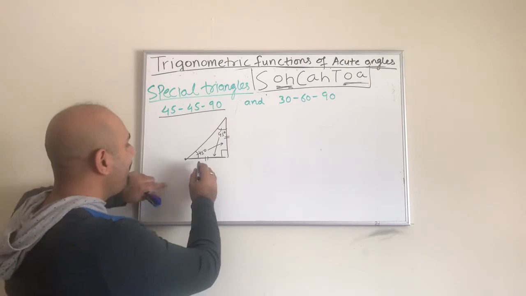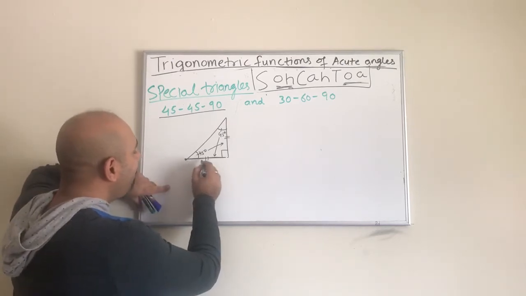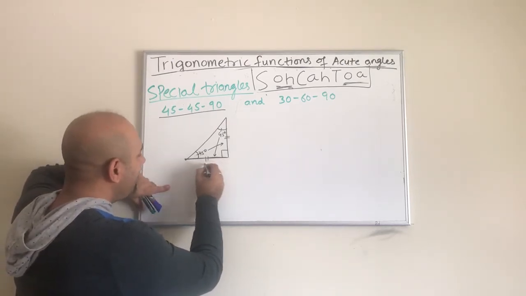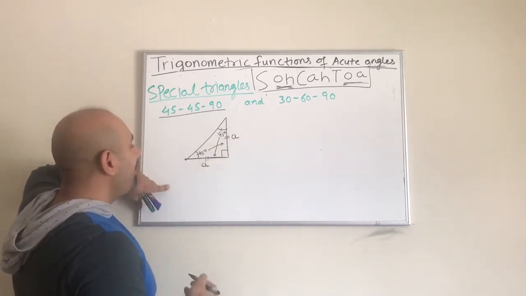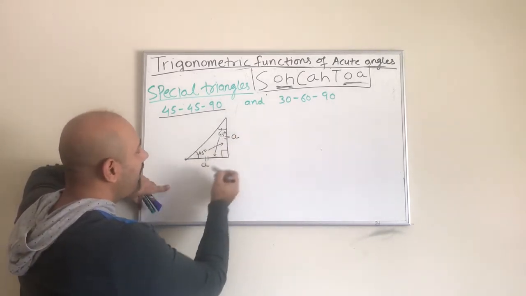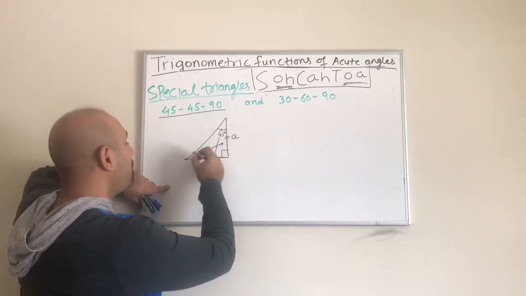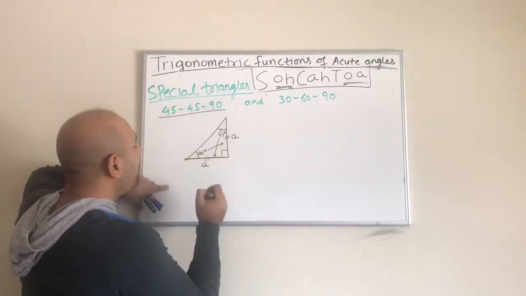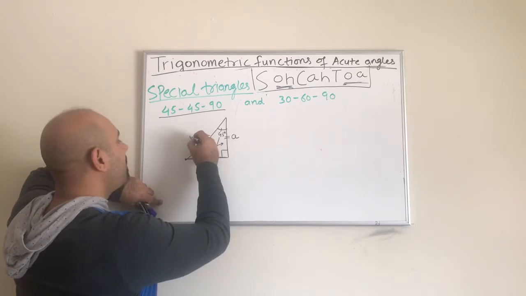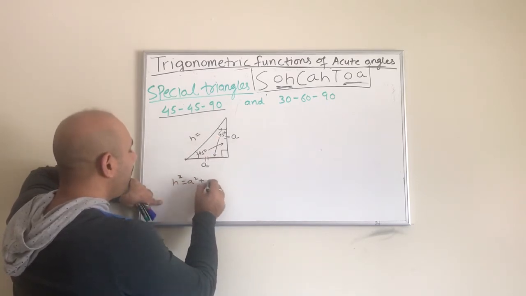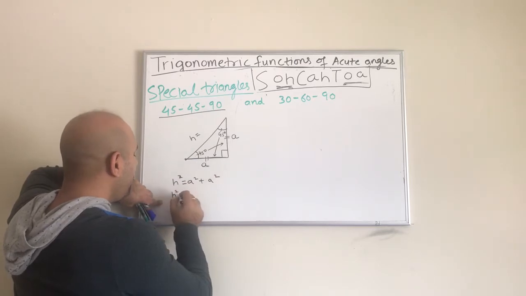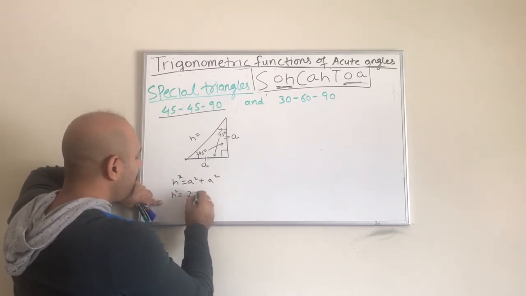So what does that mean, guys? That means that if I call this length A, then this is also going to be A. And if both of them are A and A, then we should be able to figure out the length of the hypotenuse. To find the length of the hypotenuse, h squared is a squared plus a squared, which is 2a squared.